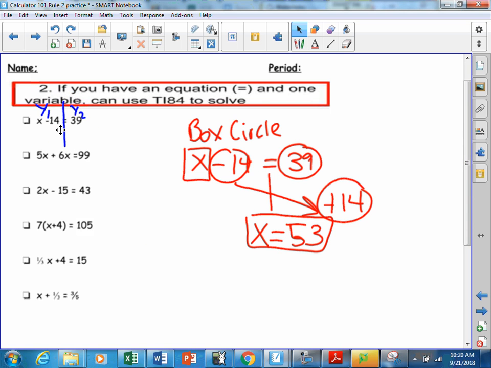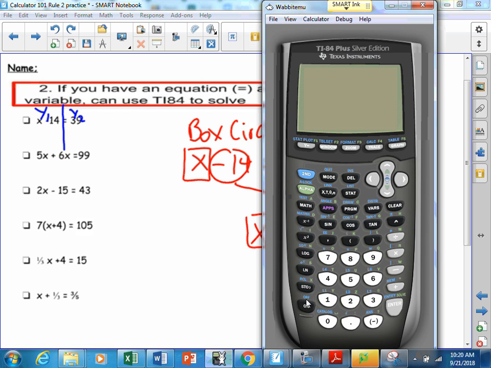And we put it in our calculator accordingly. Turn on the calculator. Okay, so we have x minus 14. Slide down. We have 39. Okay, all right. We want to make sure that we zoom out.